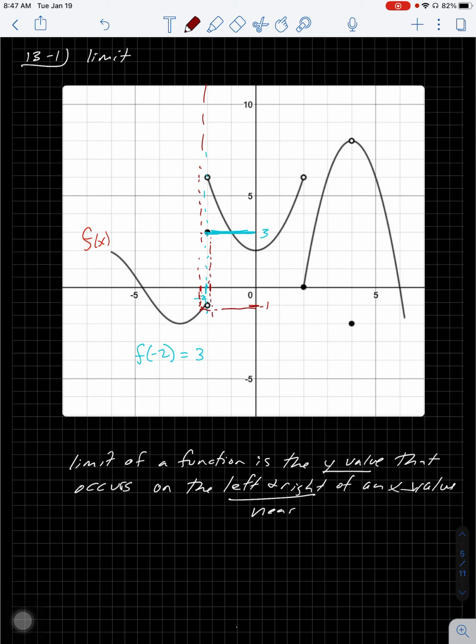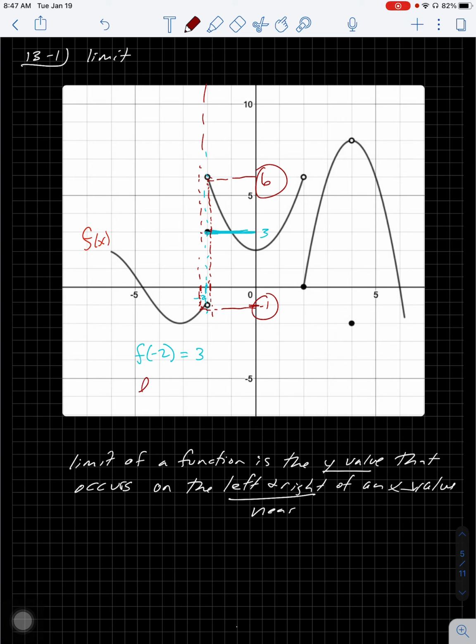I actually have to trace up. I miss that dot, and I have to go all the way up here to get a value, and I get 6. So in this case, on the left, I'm getting a different number than on the right. So what does that mean? Well, that means that the limit as x goes to -2 of the function does not exist.